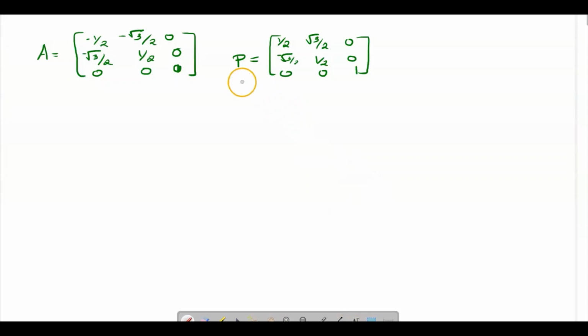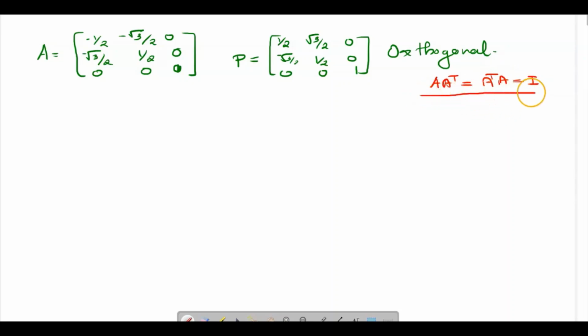Now let's find the matrix P inverse. Here we can easily find the inverse of this matrix P because this matrix P is an orthogonal matrix. You know what is an orthogonal matrix? Orthogonal matrices are the matrices which satisfy A transpose A equal to identity.